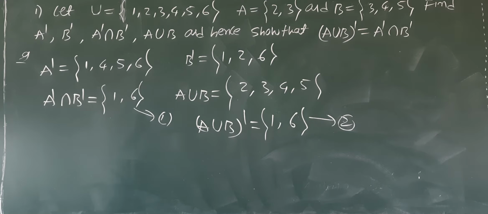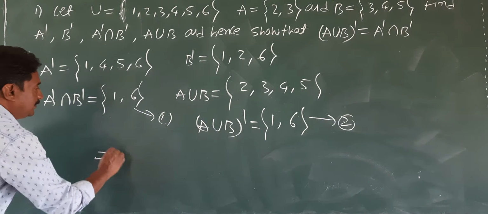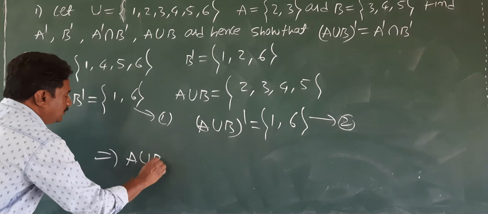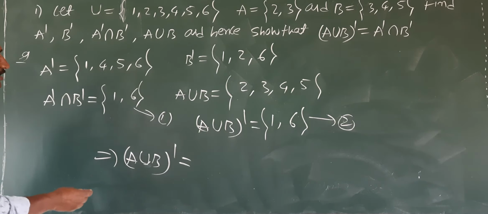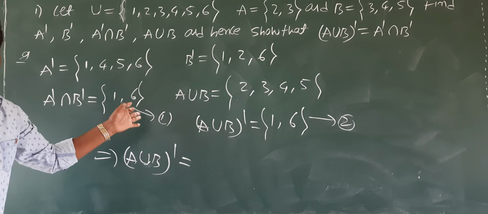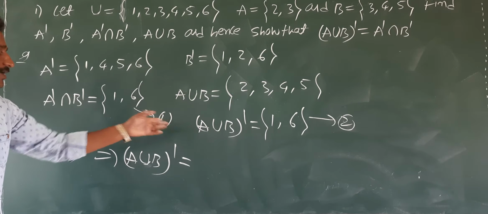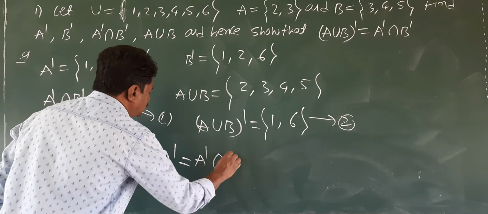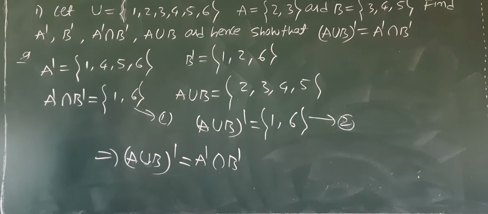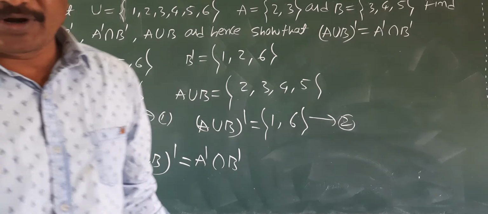De Morgan's laws hold good. So A union B whole dash is always equal to A dash intersection B dash. I hope you understood, students.